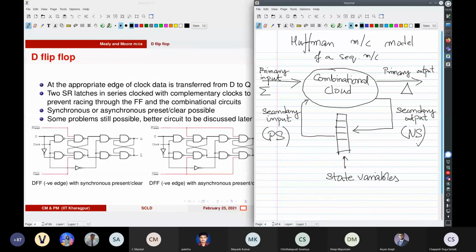This is just about the high level structure of a finite state machine, a sequential machine, in particular a synchronous one.